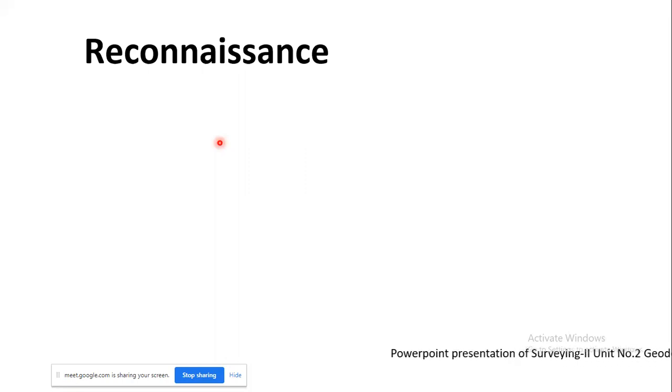First of all, you will visit the site. You will get a rough idea whether it is a flat slope or steep slope, how much is the area, how much is the slope, and how much is the distance between the first and second corner of the plot or the area. Any kind of preliminary survey like that is nothing but your reconnaissance survey.